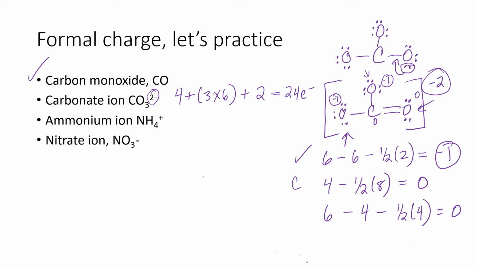Now I want to make another interesting point for you. I'm going to rewrite this one more time. Remember how I said oxygen likes to make 2 bonds in general and then have 2 lone pairs? Well, that's true, but I said, what if we have formal charge?